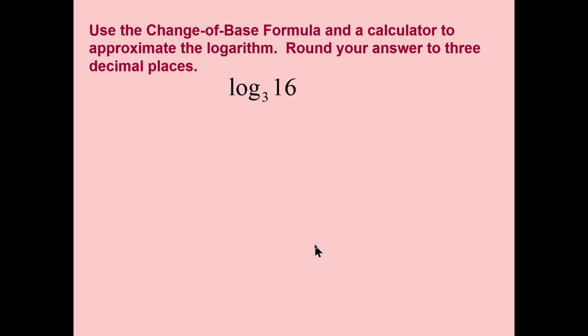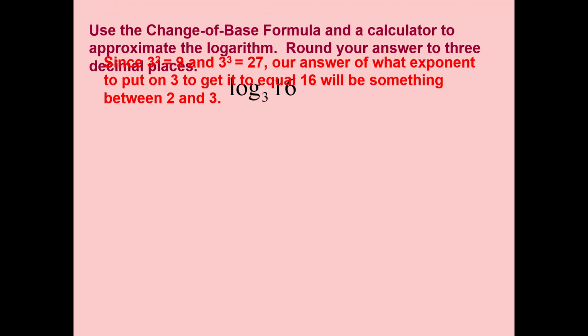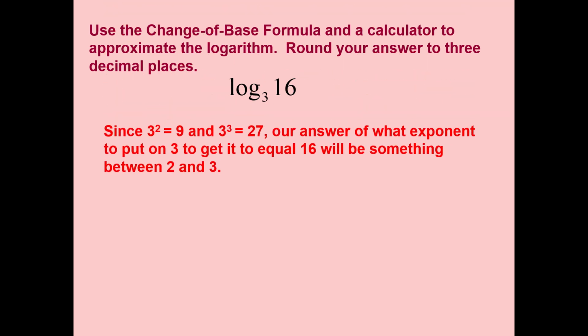And this one here, we're going to use the change of base formula in the calculator to approximate the logarithm, rounding your answer to 3 decimal places. So we have log base 3 of 16. What's the result there? Which is literally asking 3 to what power will give me 16. So 3 squared is 9 and 3 to the third is 27.